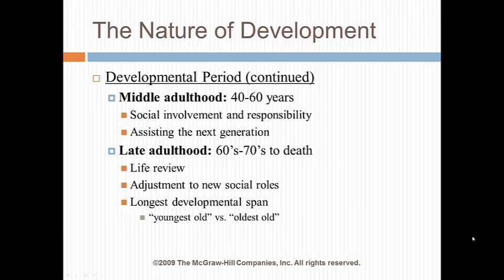This is the longest span in the developmental period and the most varied. If you contrast a 60-year-old with a 90-year-old, you can visualize a very different individual who can both fit into the same developmental period. Some of the characteristics of this period include a life review, adjustment to new social roles, retirement, and a loss of skills and abilities.